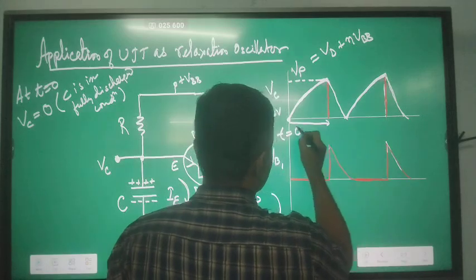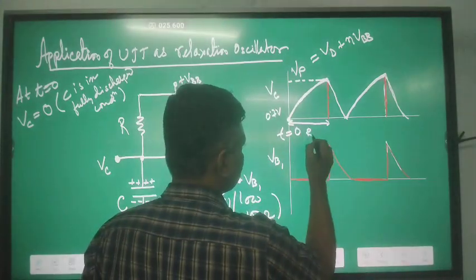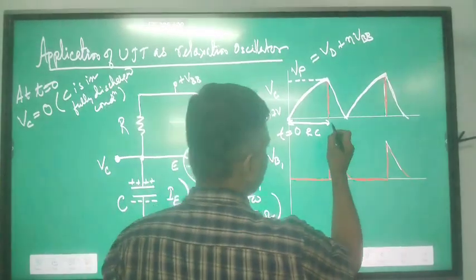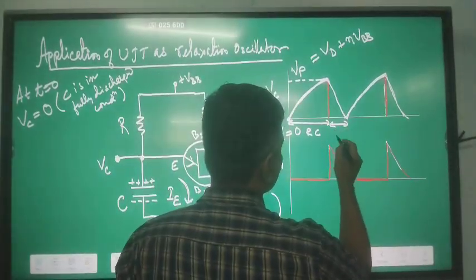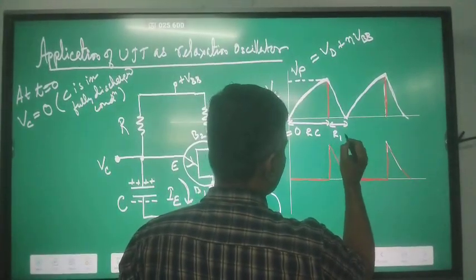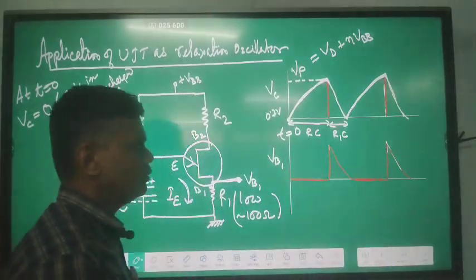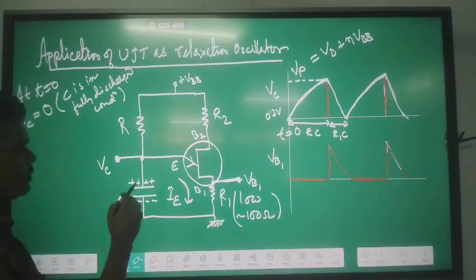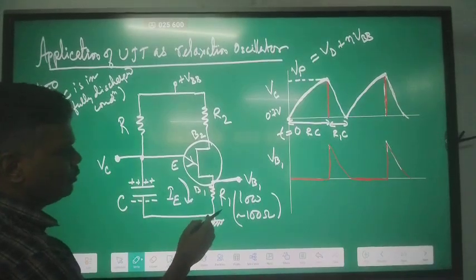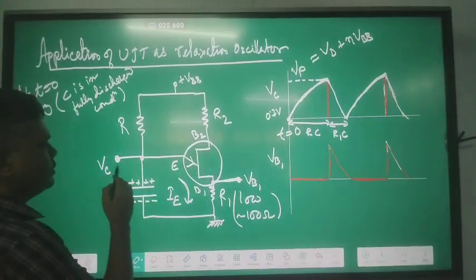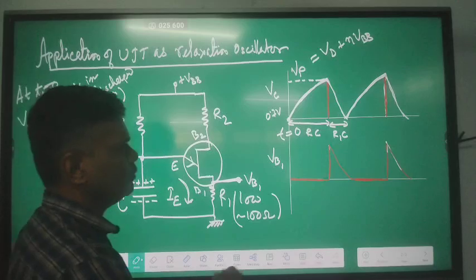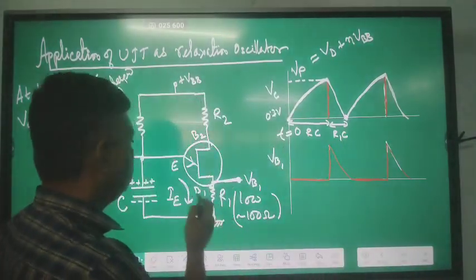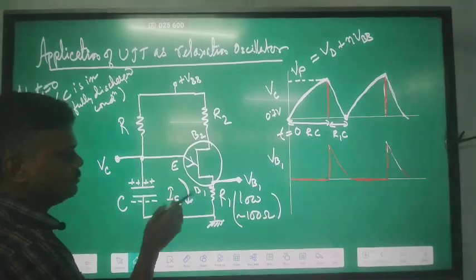So if I see the charging time, that will be nothing but the time constant RC, and for discharging the time constant will be R1C. So when this C is fully discharged through this R1, again the voltage across C will become 0, and again this junction will become reverse biased.